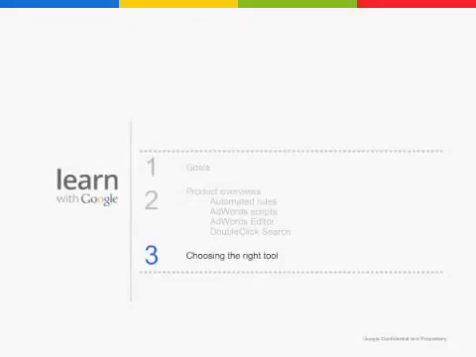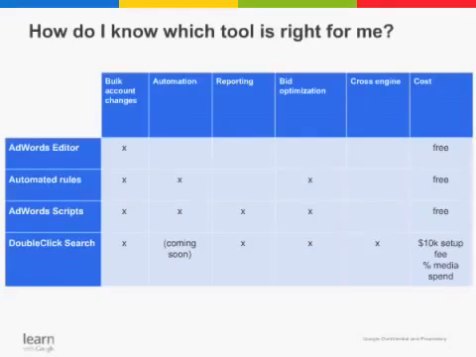All right, so now that we've gone through the options in AdWords, AdWords Editor, and DoubleClick Search, let's review a few questions to consider to help you make the right decisions for your search management tool. This matrix covers the main considerations you'll take into account. Does it let you make bulk account changes?